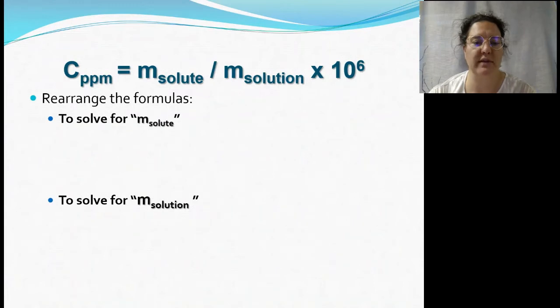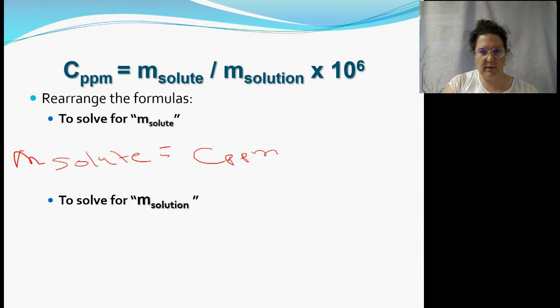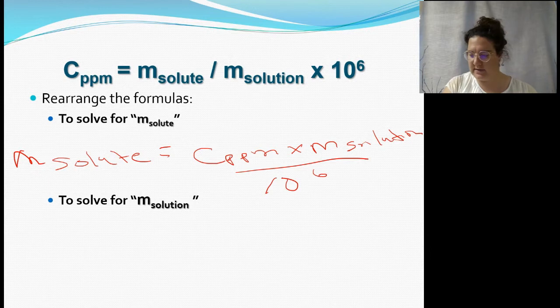So rearranging the formula for concentration by parts per million gives us the following formulas. To solve for the mass of the solute, we're going to end up with the mass of the solute equal to the concentration in parts per million times the mass of the solution divided by 10 to the power of 6.